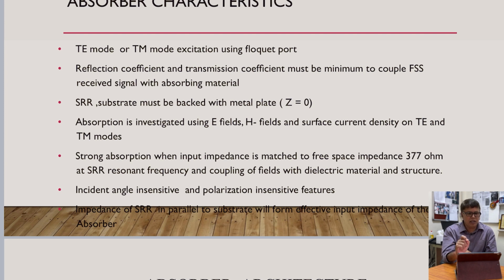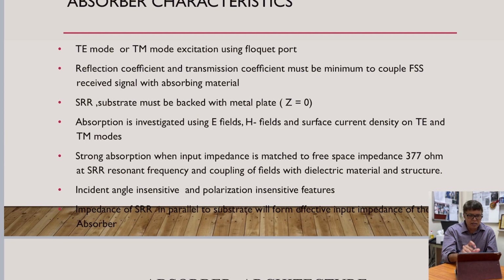The reflection coefficient and transmission coefficient must be as minimum as possible. This can be achieved by properly matching the FSS structure for a particular received signal and choosing a particular type of absorbing material, also known as substrate.